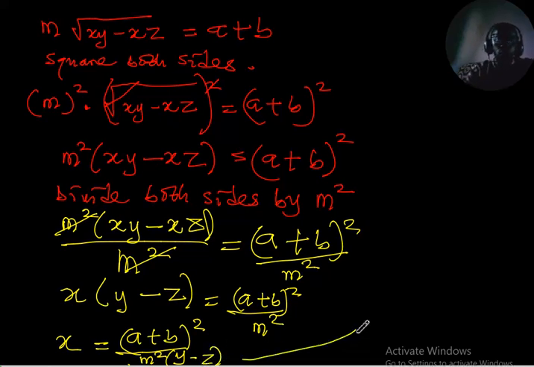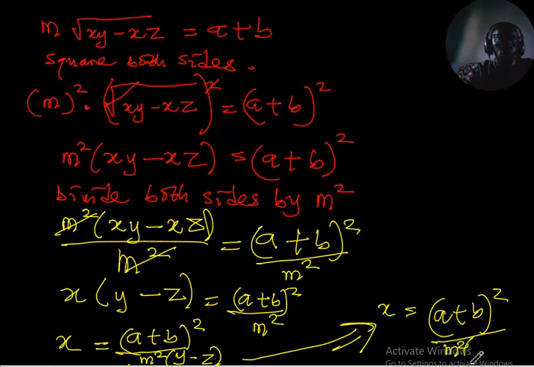So therefore x is now made the subject of the formula as x equals a plus b squared over m squared times y minus z. That settles the A part of the question.